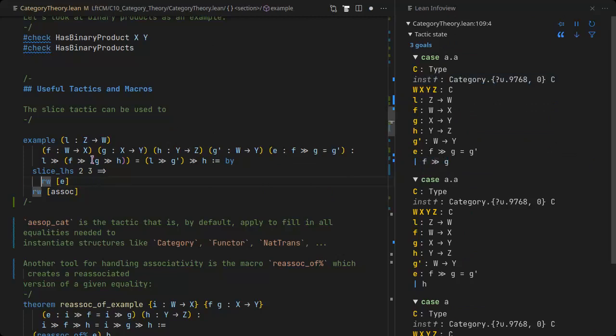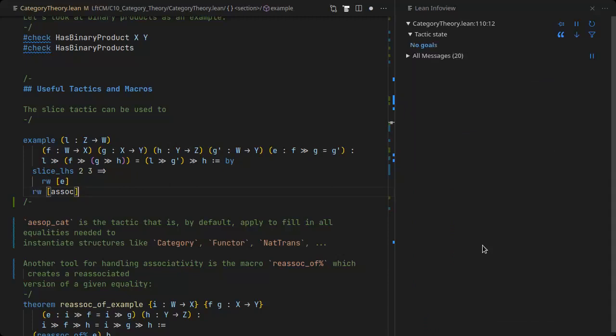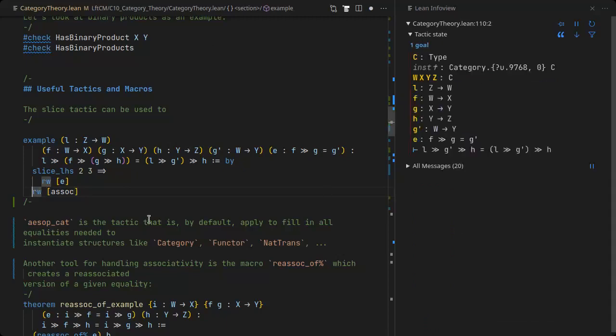For example, we could rewrite along our hypothesis E, which says that F composed with G equals G prime. After we've done that, we've replaced F composed with G by G prime without needing to explicitly reassociate the left-hand side. Now to close the goal, we could apply assoc one last time, which just reassociates the right-hand side.